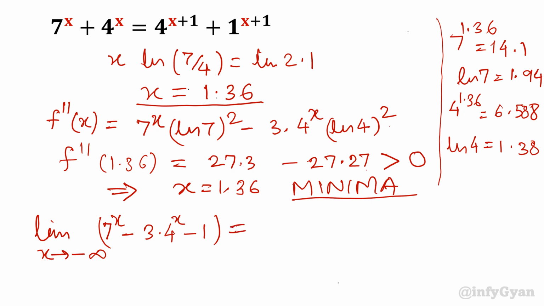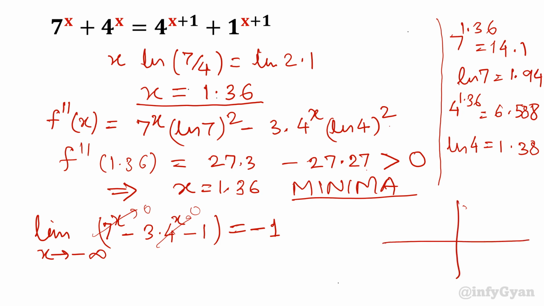So that value will come out negative 1. This value will be 0. This value will be 0. So negative 1. That means at minus infinity, our graph is beginning from the minus 1 level.